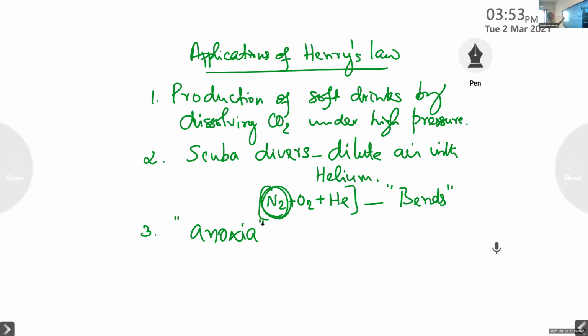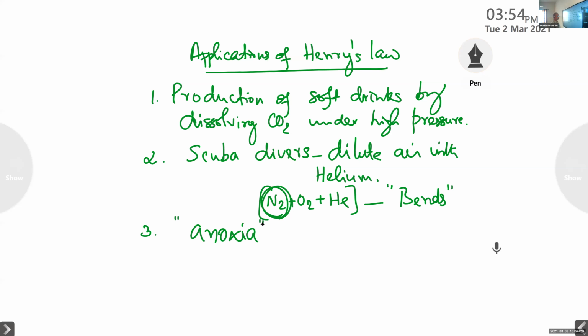So these are the three applications of Henry's law. If the atmospheric pressure is high, the problem of anoxia can be eliminated. Second, if air is diluted with helium, the amount of nitrogen can be reduced and bends can be avoided.